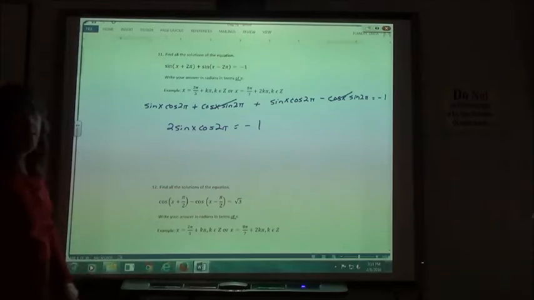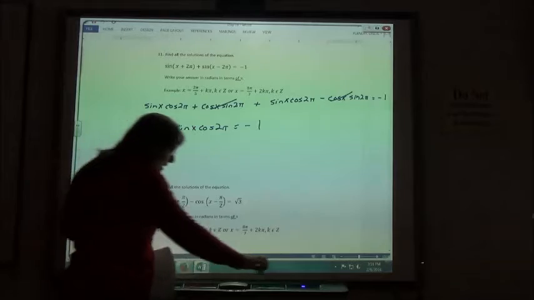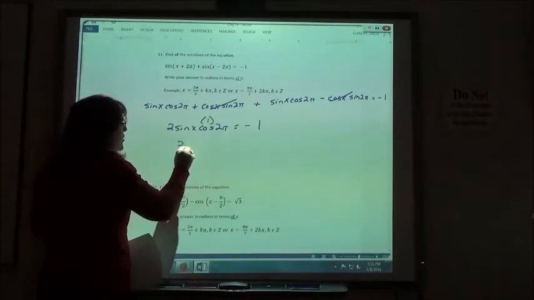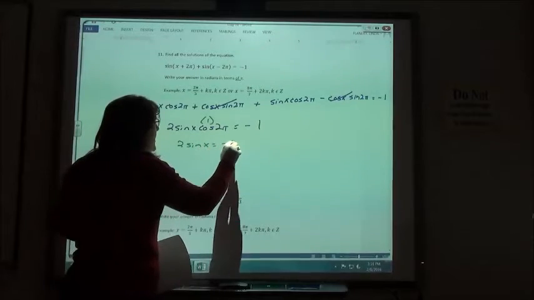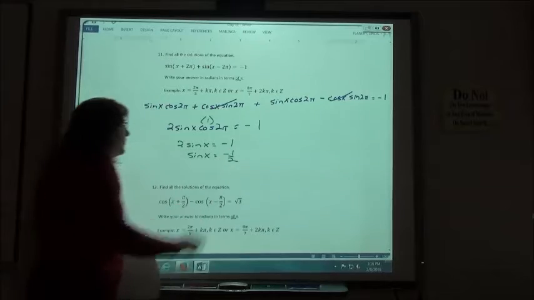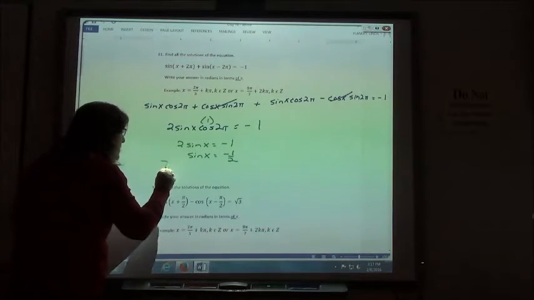Cosine of 2 pi, we looked that up before, but if you look it up again, cosine of 2 pi is equal to 1. So we're going to put a 1 in here. So we get 2 sine of x equals -1. So sine of x equals -1/2. And we're going to look those up. So sine of x equals -1/2 at 7 pi over 6.